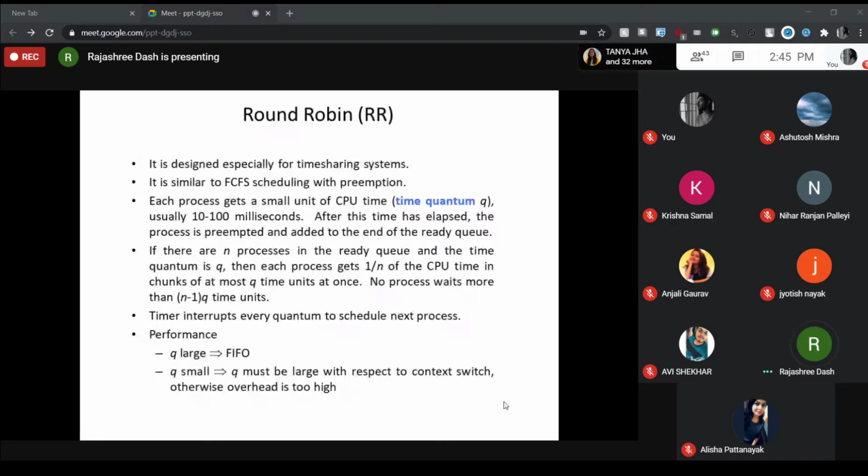Got the thing? It is simply added to the end of the ready queue. So here the ready queue is treated as a circular queue. The CPU scheduler goes around the ready queue, allocating the CPU to each process for a time interval of up to one time quantum.